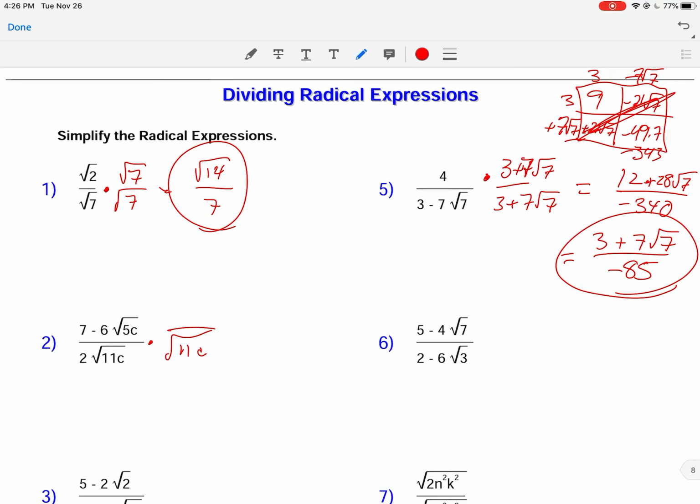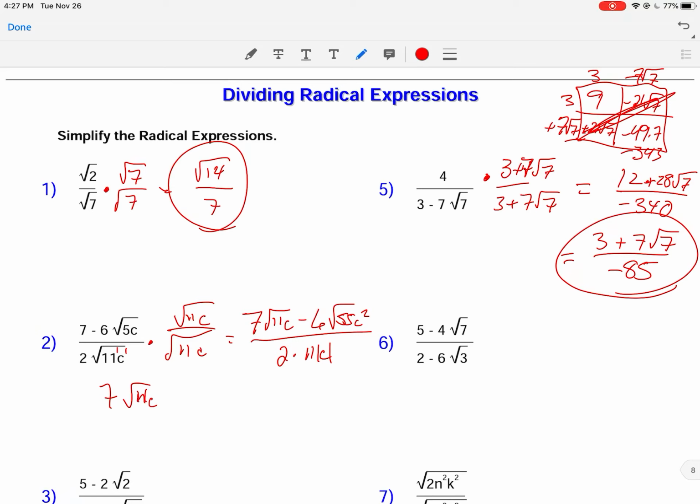Number 2, it just needs a square root of 11c. That would make that go to a 2 and that go to a 2. So 7 square roots of 11c minus 6 square roots of 55c squared over 2 times 11c. Getting fun.